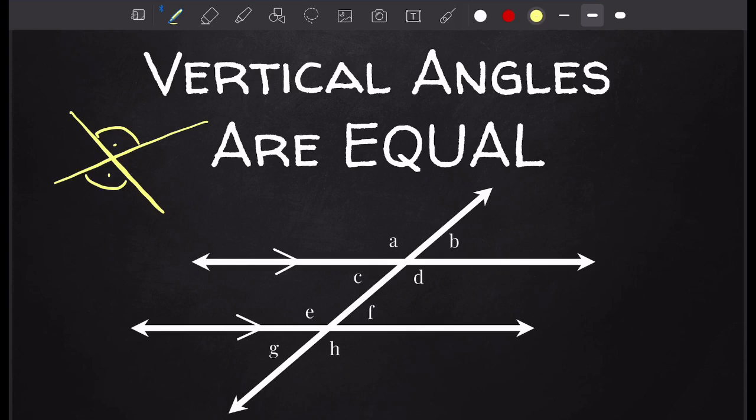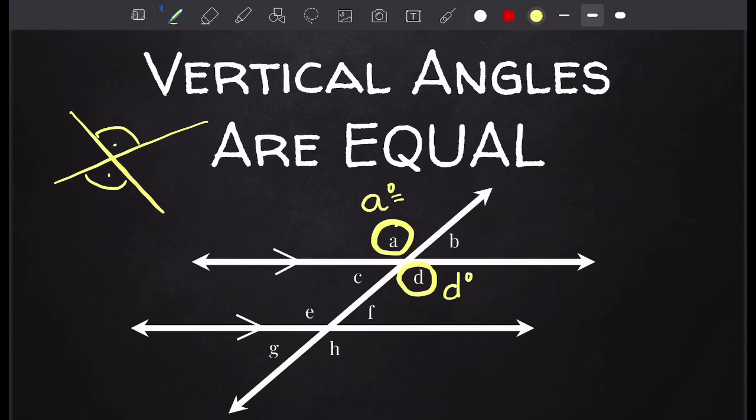So over here, angle A and angle D are vertical angles. So that means the measurement, okay, we measure angles by degrees. That tiny superscript 0 over there means degrees. And the measurement of angle A and angle D are equal, okay?